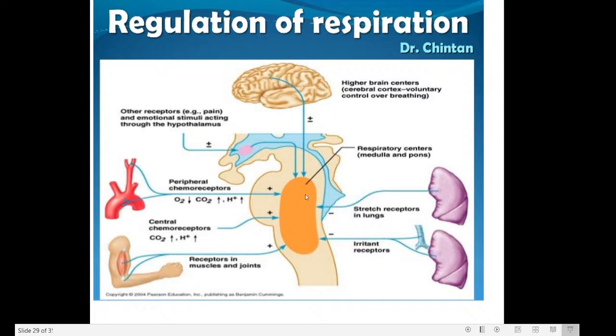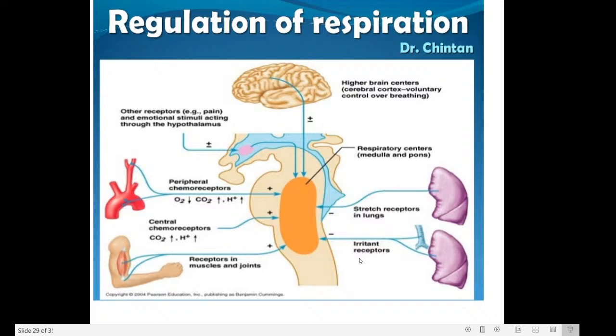The respiratory system has stretch receptors in the lung and irritant receptors also. These two make a change, and they are linked.